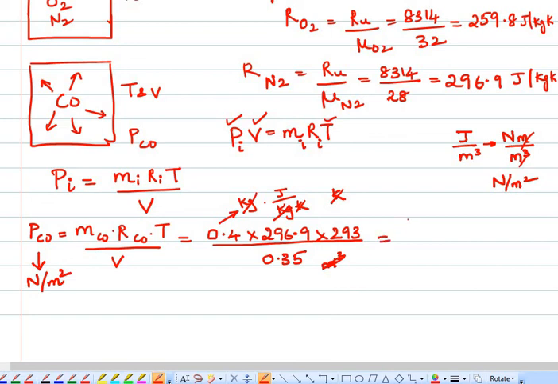So if I solve this, I will be getting 419 Newton per meter square. Also we know that 1 bar is equal to 10 power 5 Newton per meter square. So 1 Newton per meter square is equal to 10 power minus 5 bar.